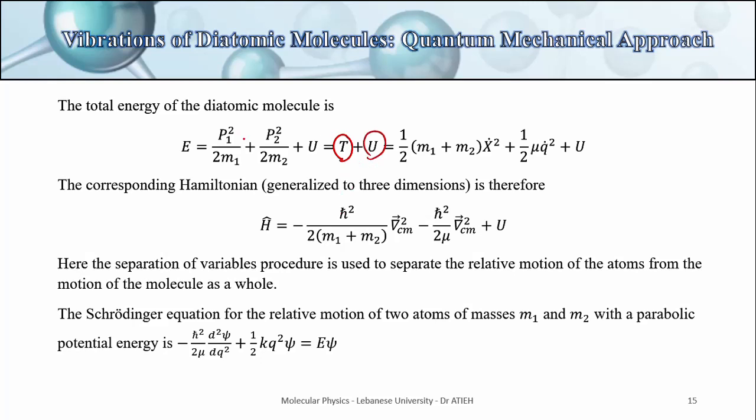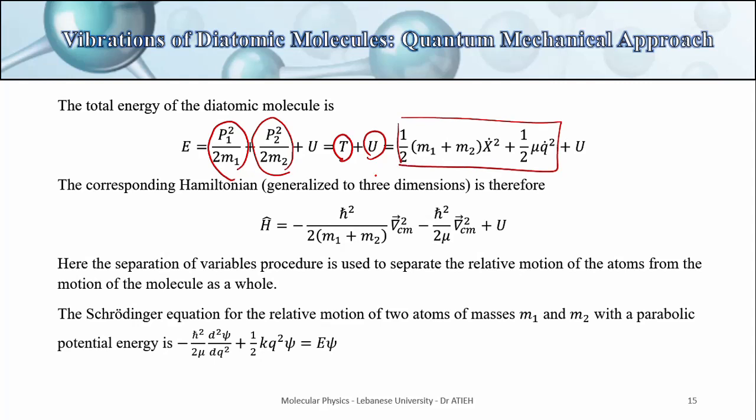The kinetic energy is due to the two atoms, the first atom and the second atom. So P1 squared over 2m1 is due to the first atom, P2 squared over 2m2 is due to the second atom. These two can be replaced by this term.